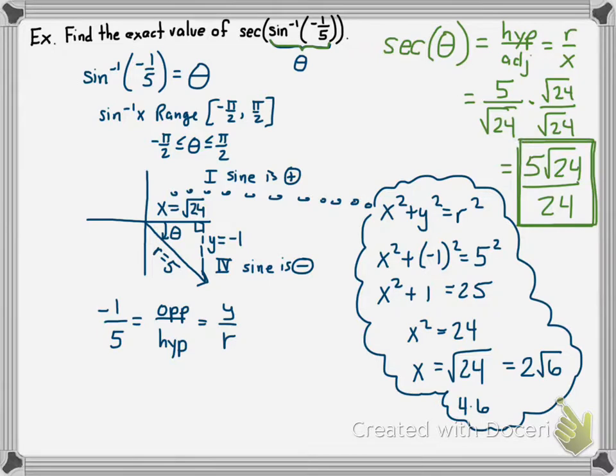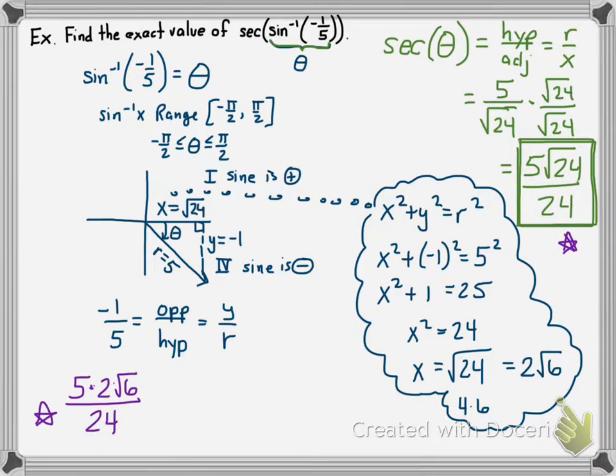If you did choose on this problem to use the 2 times the square root of 6, then an alternative to this, and I'll star it and put it down here at the bottom, as an alternative, you would have 5 times, instead of square root of 24, you would have 2 times the square root of 6 divided by 24.